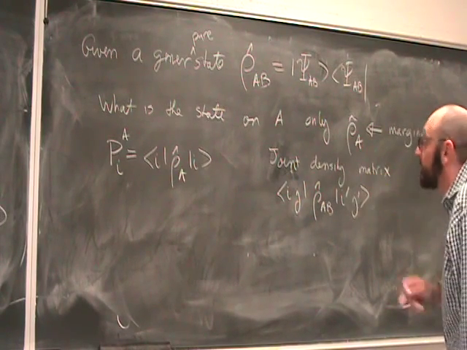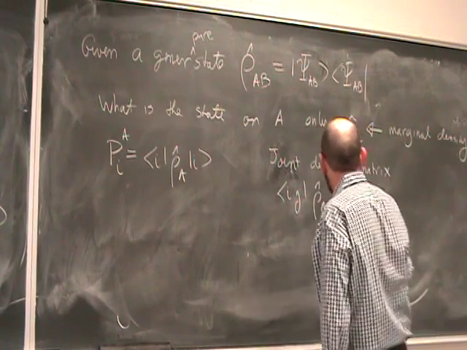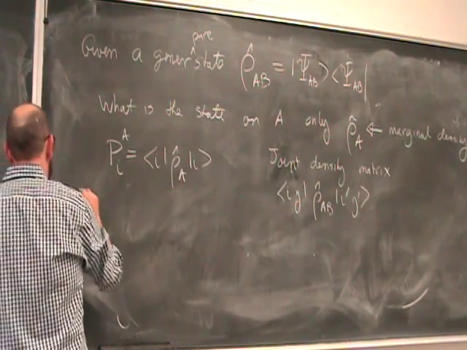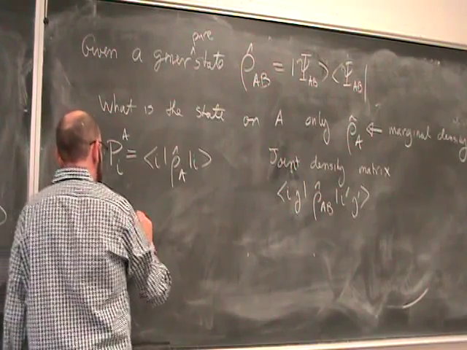So the joint probability distribution, in this case not a density, since these are discrete variables, is equal to this.